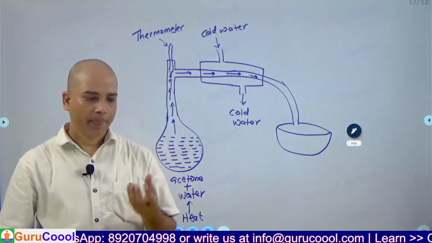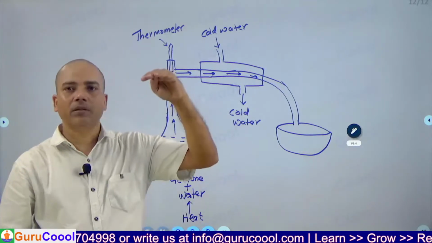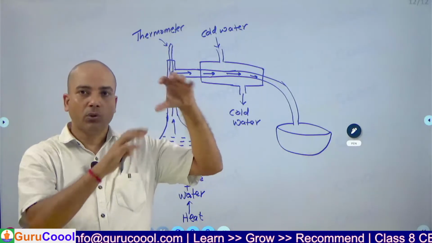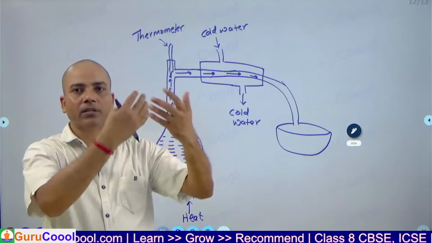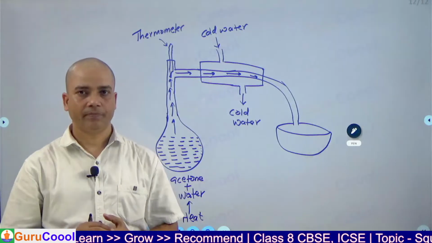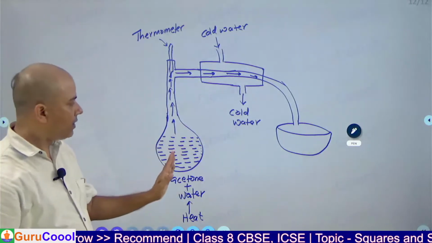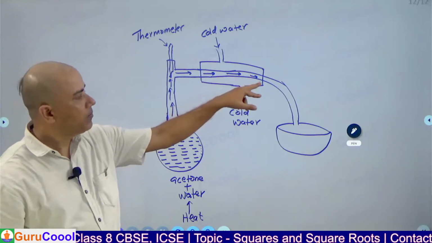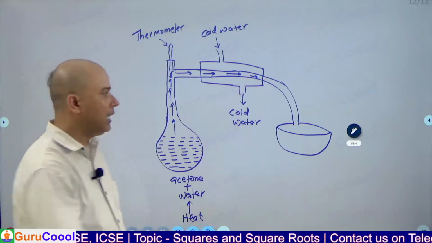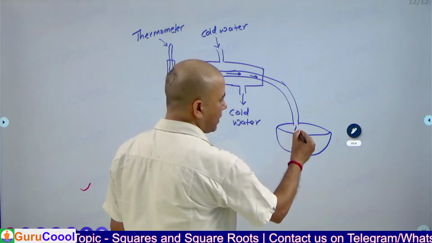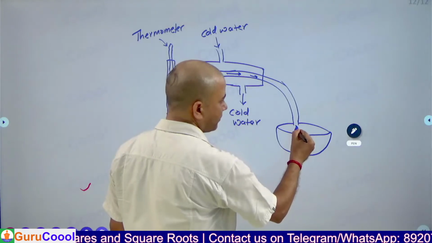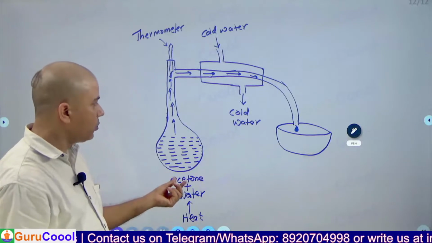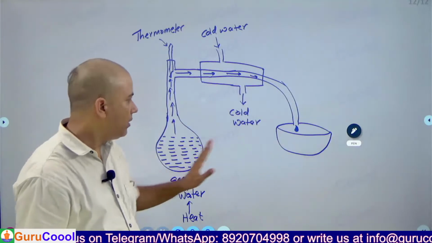Like water, you heat it up and it becomes vapor, meaning gas. Now when you cool that gas, it converts back into liquid. So we have given heat, it evaporated, now we are cooling it, so it converts back into liquid and falls drop by drop and collects here. So the whole acetone can be separated this way from the water.